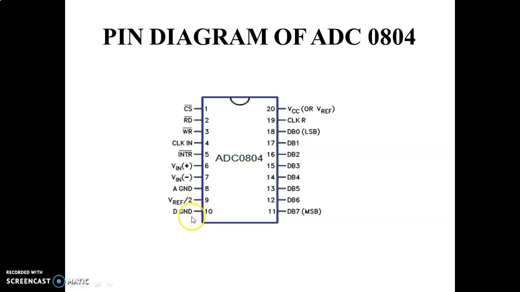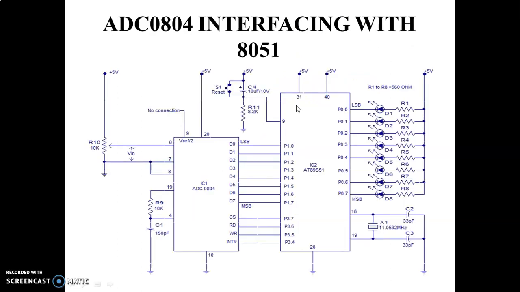Then this is the digital ground, and D0 to D7 are the output bits of binary data, and this is the clock reset. The 19th pin is the clock reset. Then the final one, the 20th, VCC, is the power supply of the ADC. So this is the pin diagram explanation of ADC 0804.